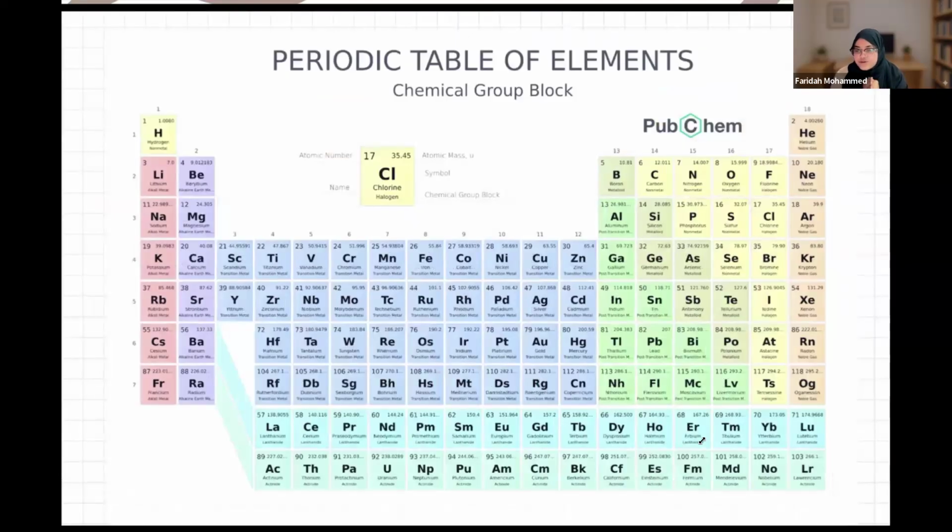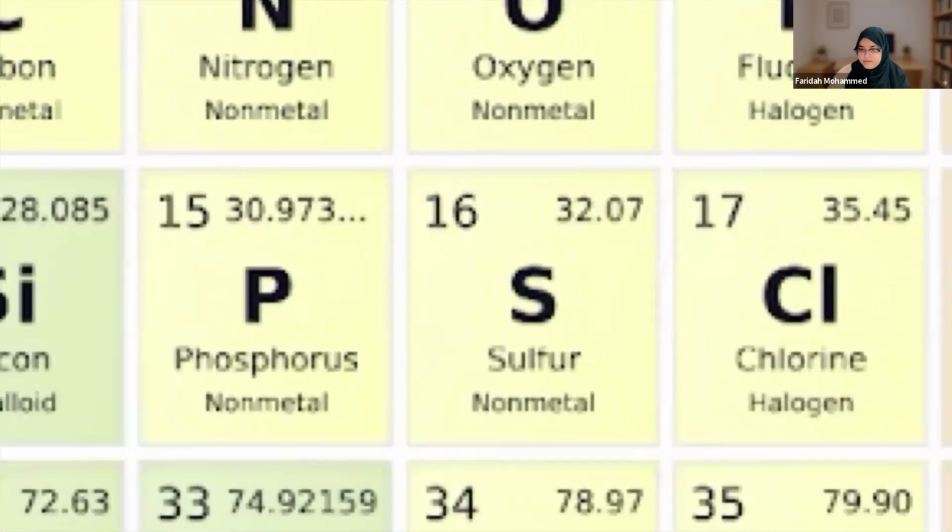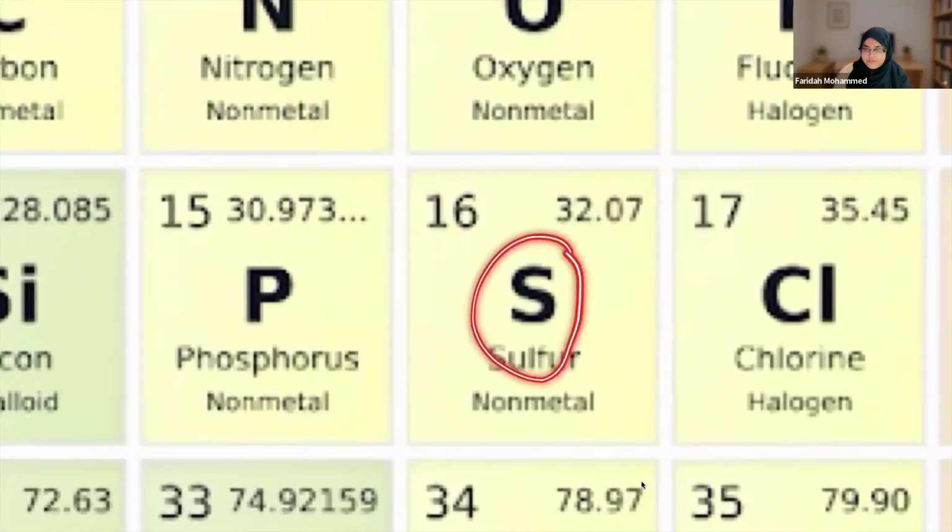We're gonna start from very basic, which is just going to calculate molar mass. This is a periodic table, which you're gonna learn more about later. In the periodic table, you're gonna see some numbers. Let's say you want to pull sulfur.